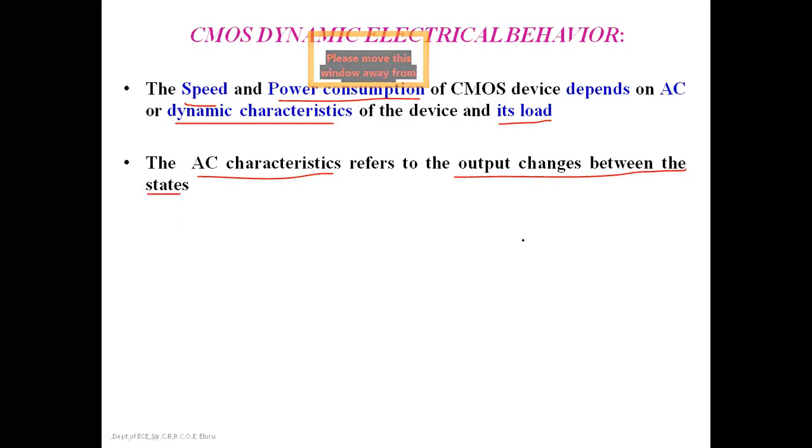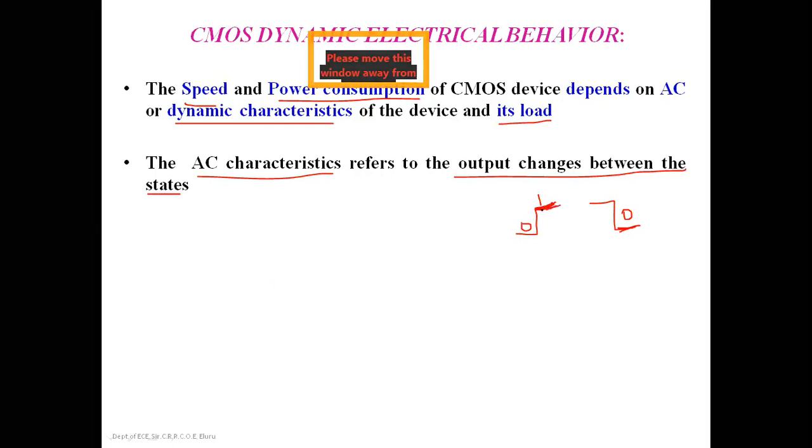For example, in steady state electrical behavior, you will have input and output like this. Maybe the input is at logic 1 and the output at logic 0. These are called the steady state inputs or the static input. It is changed from 0 to 1.